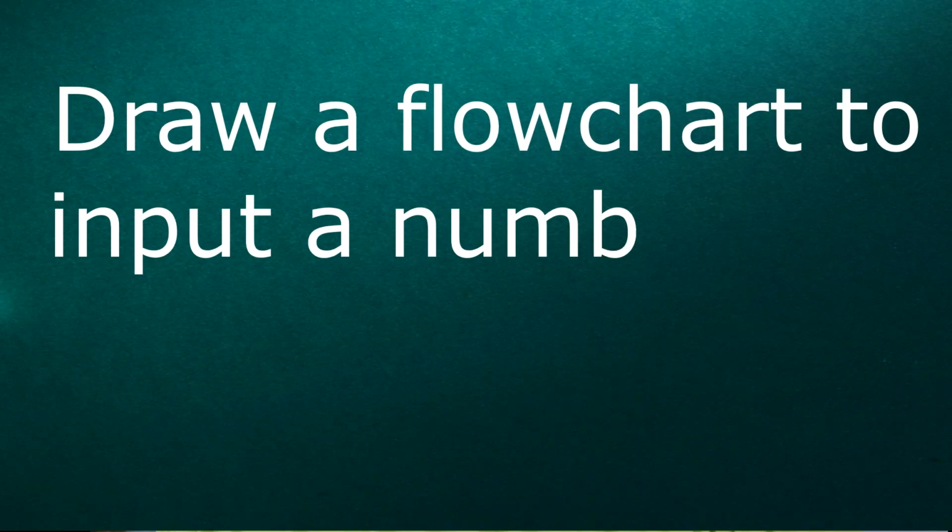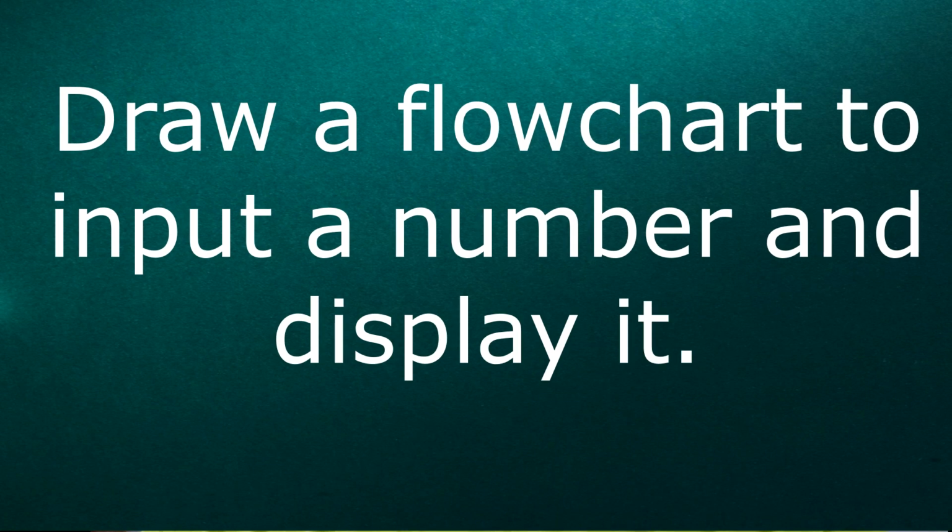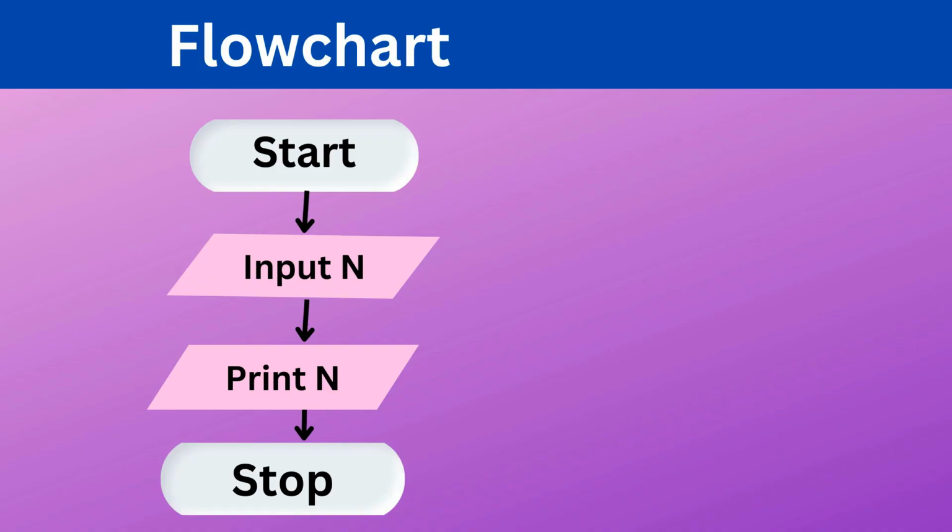The first example of today's video: draw a flowchart to input a number and display it. So simple, input a number and display the number. At first we look at the diagram.